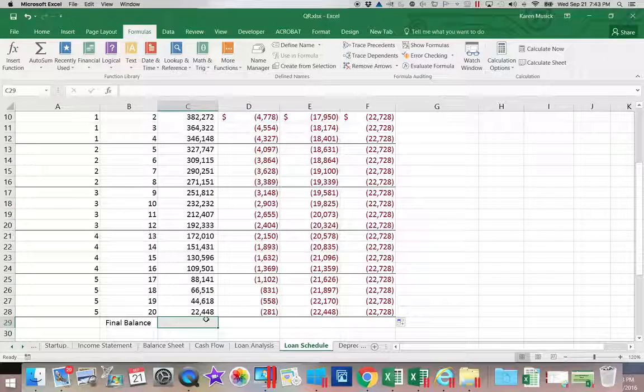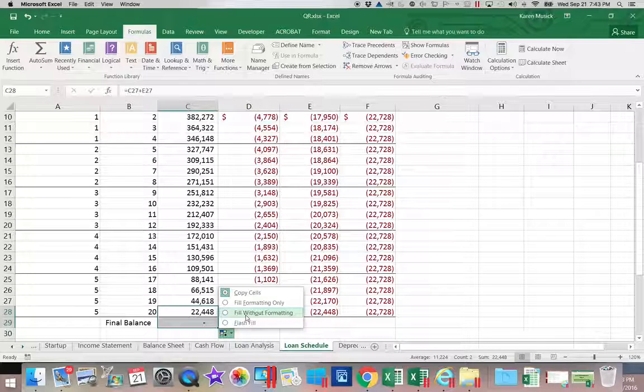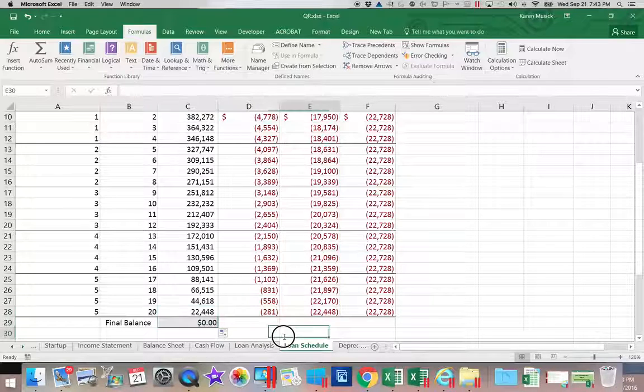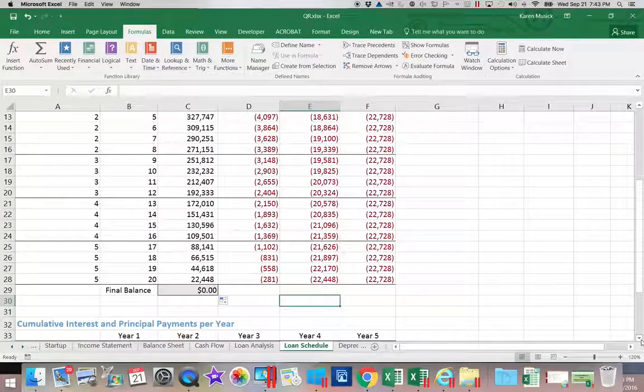The final balance, you can copy the formula down one more time, and you want to again fill without formatting. And now you can see that the loan balance came down to 0.